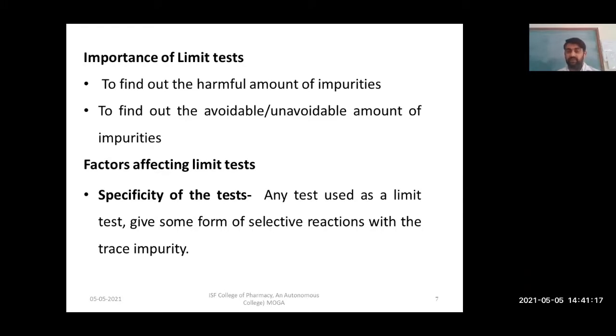If they are within limit, then the compound is easy to use. You can easily use that compound for pharmaceutical purposes, and you can make the dosage form of that compound, and that is quite easier to do.